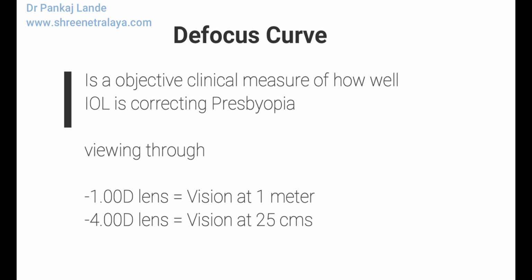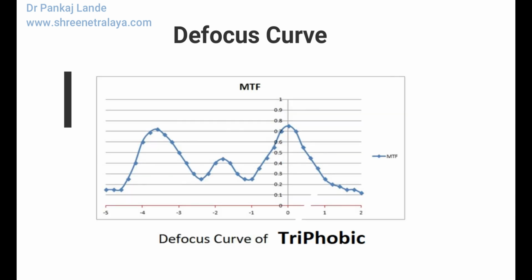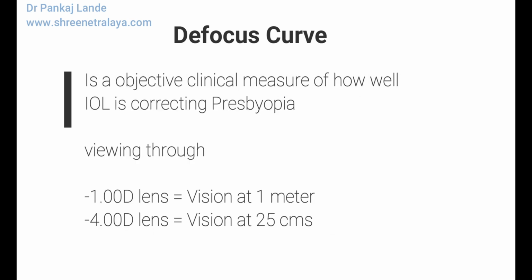Defocus curve is an objective clinical measure of how well an IOL is correcting presbyopia. Once the eye is quiet post surgery, the eye is corrected for residual refractive errors and is subjected to lenses from +1 to -4 diopter with 0.5 increment, and vision is noted for distance, intermediate and near ideally, and a graphical plot of this vision against the power is called a defocus curve.